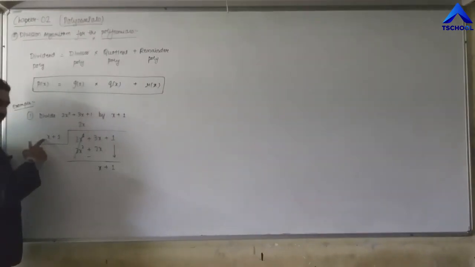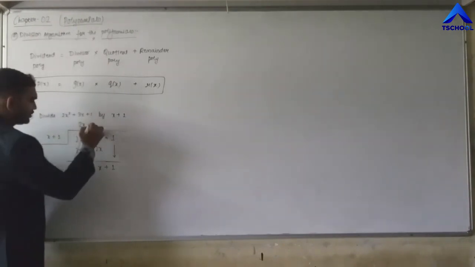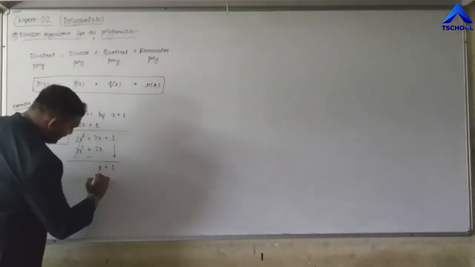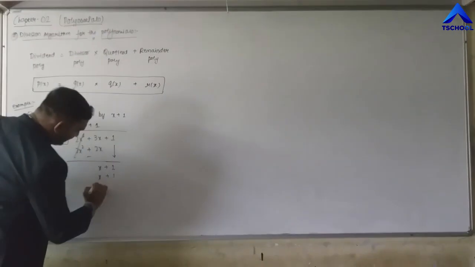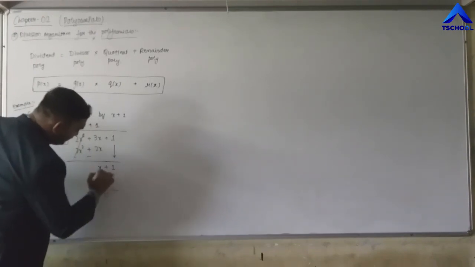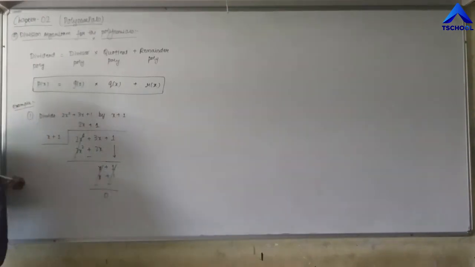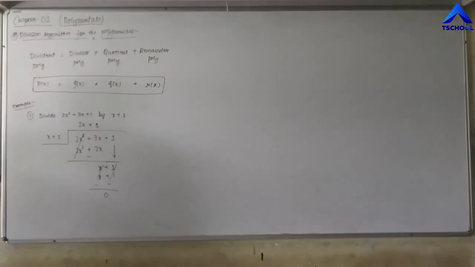Okay. So now again, note the first term of divisor and the first term of the dividend that we got here are same. So we don't need to multiply with anything. That will give me again x plus 1. Eliminating them both, we shall get 0 as the remainder.